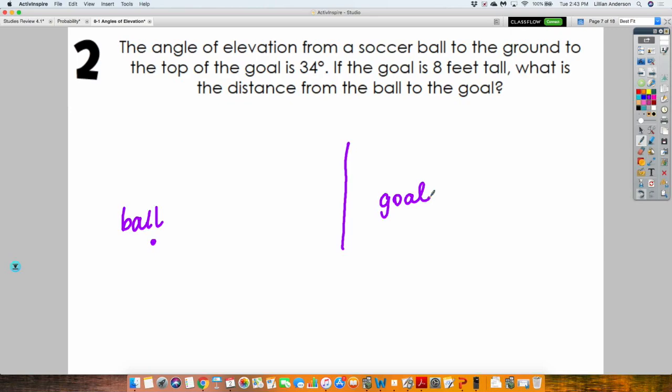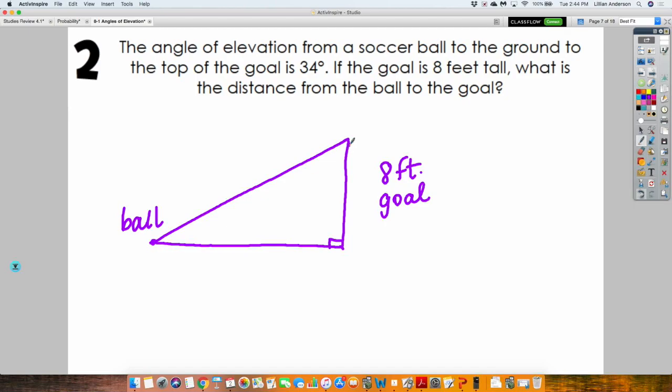The goal is 8 feet tall, so I know that this is going to be 8 feet. And I need 34 degrees in here. I need my right triangle. Let's draw that in there, because this is going to be the question. Where is the 34 degrees going to go? Is it going to go at the bottom of the ball or at the top of the goal?